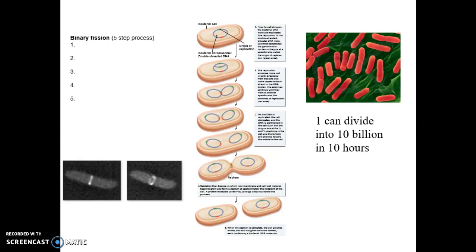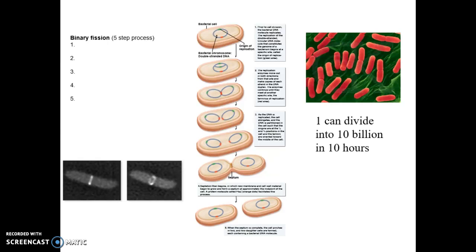As the septum forms, it then moves towards step 5, which eventually pinches the cell completely in half, and you have 2 bacterial cells sitting together side by side, each containing what should be an identical code of DNA.